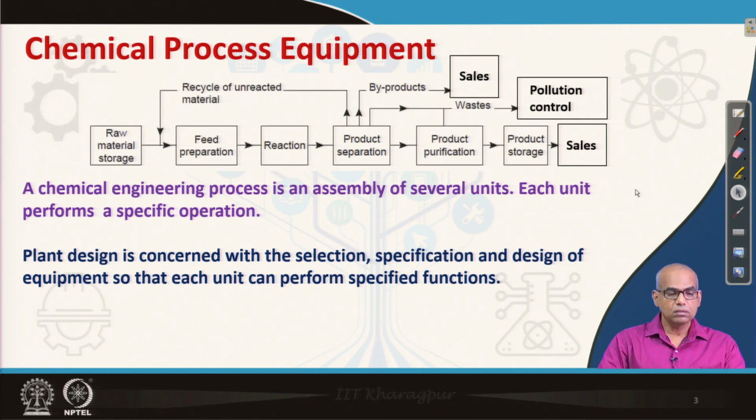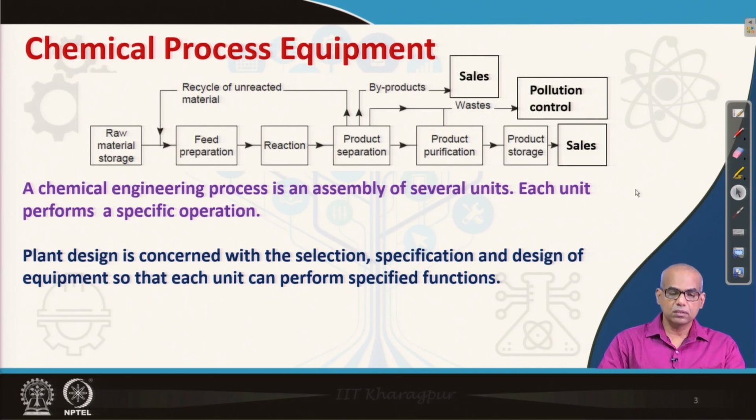So, first block represents raw material storage, then feed preparation. Feed goes to reactor for reaction, then the effluents from the reactor go to product separation.